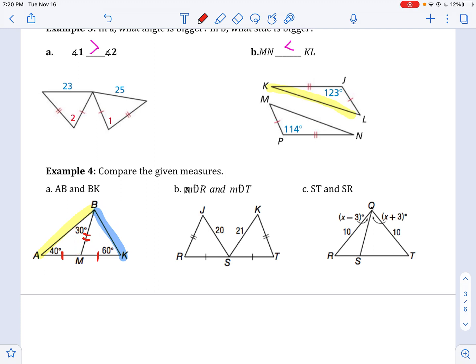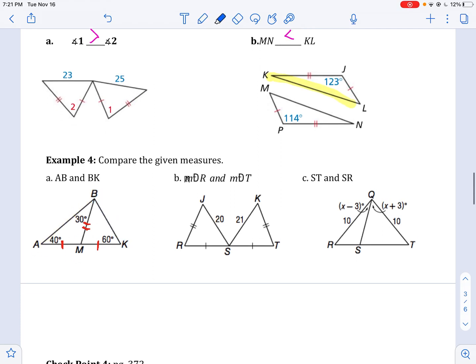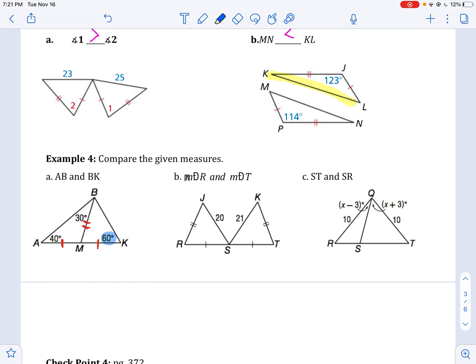You could also use our theorem from yesterday that 60 degrees is larger than 40 degrees. But either way, AB should be larger than BK. On B, angle R should be smaller than angle T, so the measure of angle T should be larger than the measure of angle R.